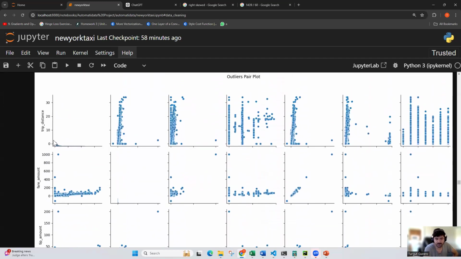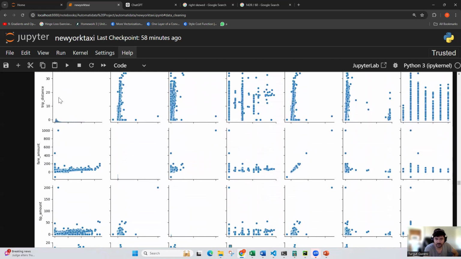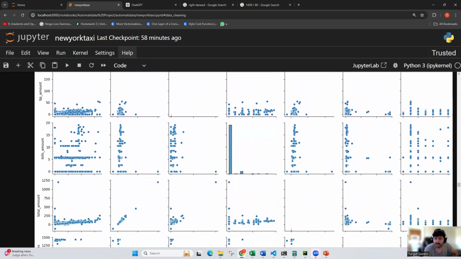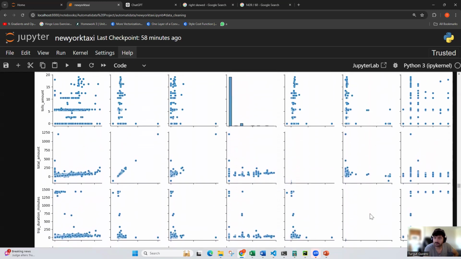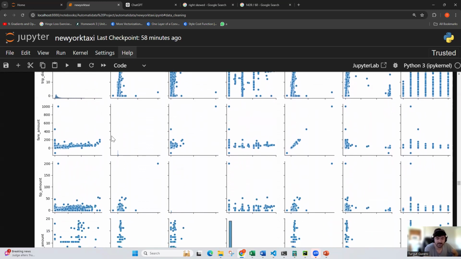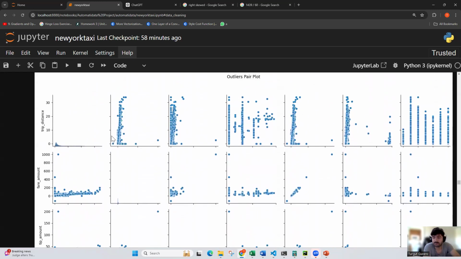As you can see here, for example, this is the trip amount. The diagonal values, instead of scatter plots, are actually histograms. So these are really small, but what you can see from this data set, first of all, is correlation between variables.